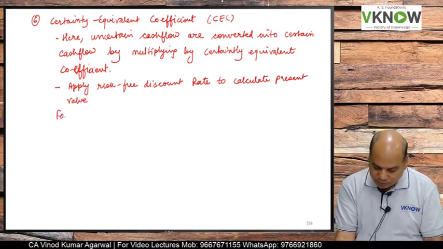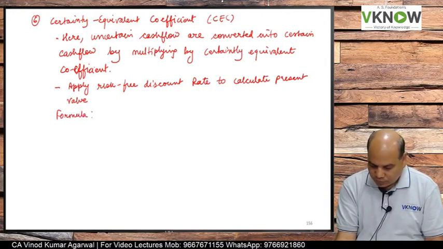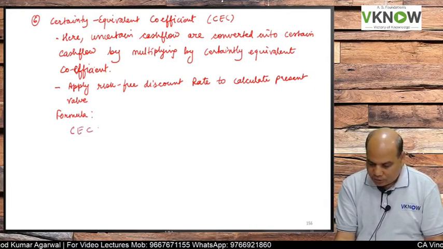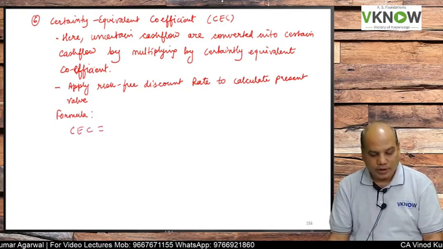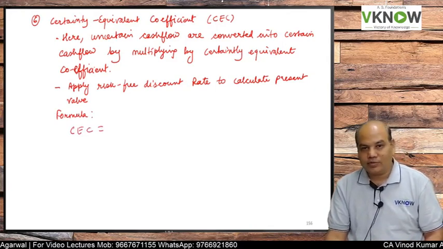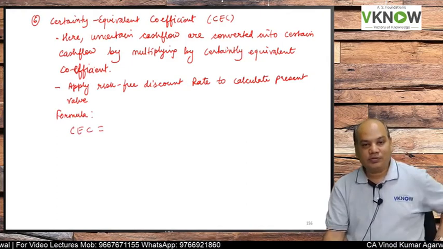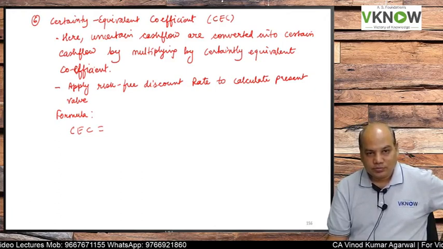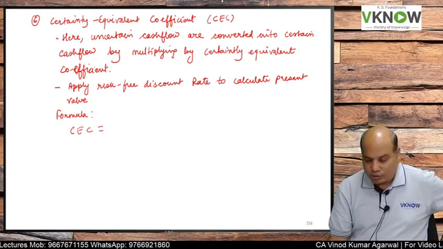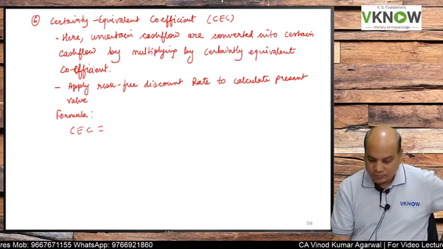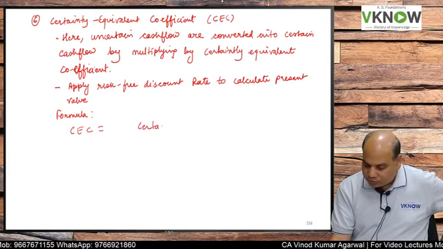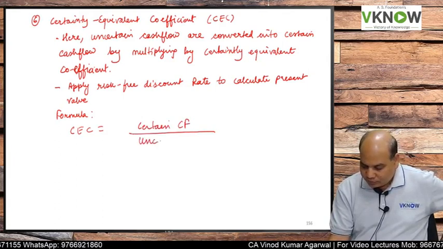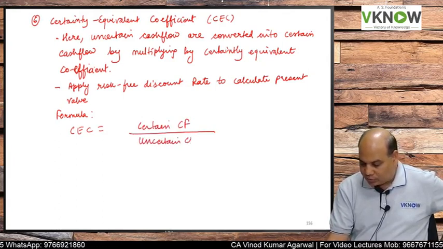Okay, formula. The first formula is the CEC formula. Keep writing if you are an interested candidate. Genuinely interested. Okay. Otherwise, watch the show. Certainty equivalent coefficient is equal to certain cash flow divided by uncertain cash flow.